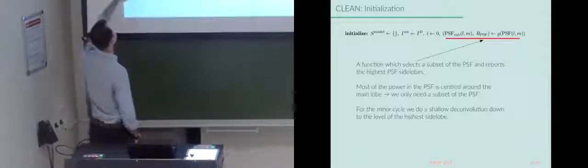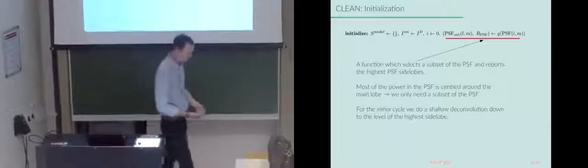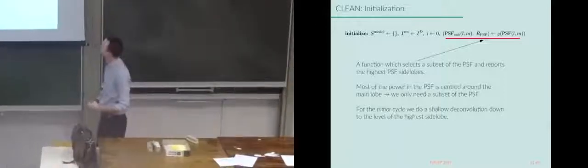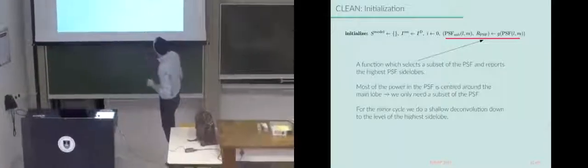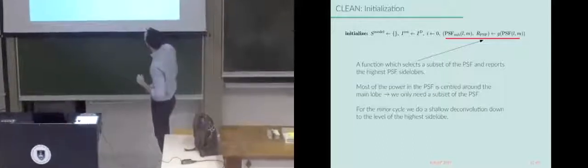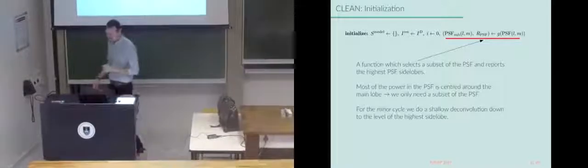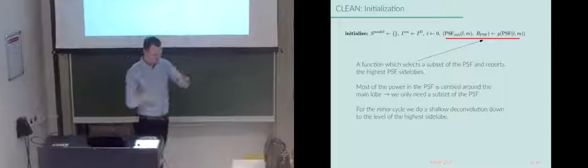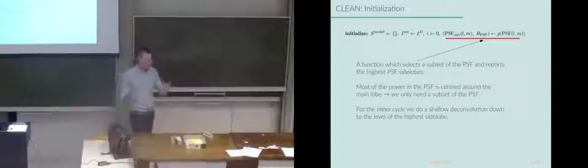So when you initialize, you have some empty sky model. Say the initial residual image is simply the dirty image. But then we have this other structure here, which is a little funny. What we want to do is, we have some large image of the PSF.